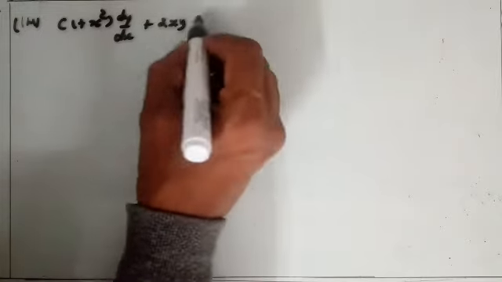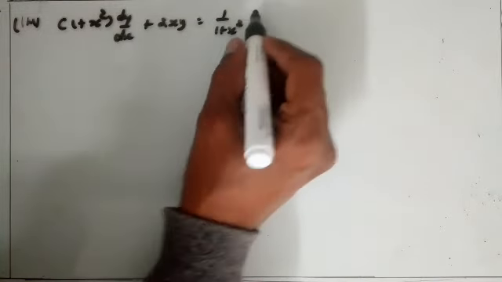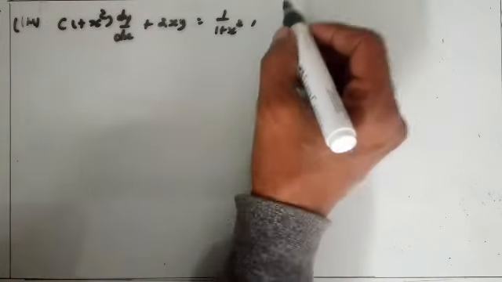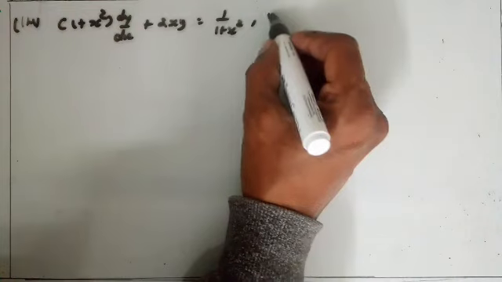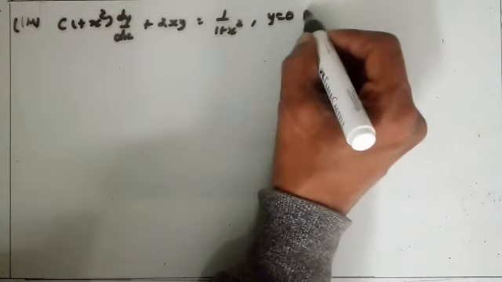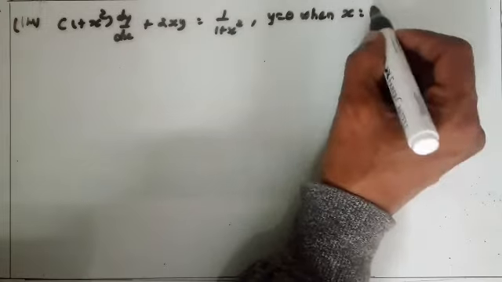Now, question number 14. (1 plus x square) dy/dx plus 2xy is equal to 1 upon 1 plus x square, given. And the initial condition is y is equal to 0 when x is equal to 1.